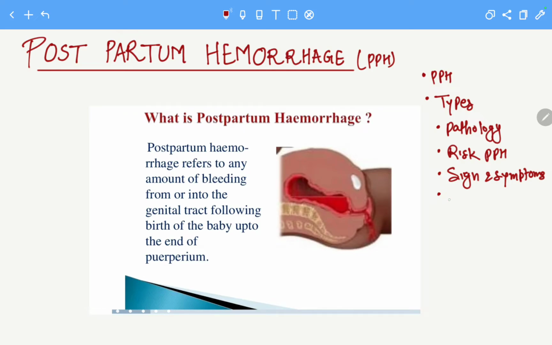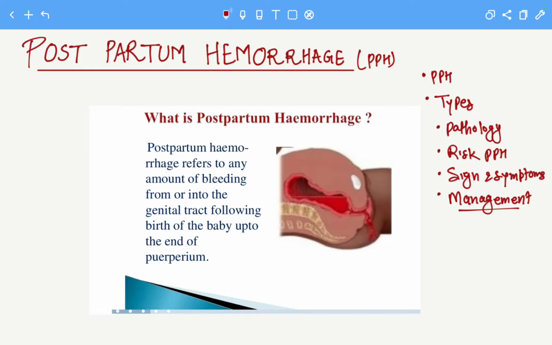And finally we will discuss the management of PPH. Management is very important here: if you diagnose that this is a case of PPH, then what are the management or initial steps that can be taken to save the life of the mother, right? So let's start with the definition.